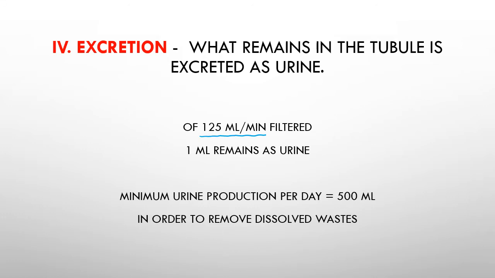But when it comes to actual urine production, of that 125 milliliters, we're only going to have about a milliliter left over. In other words, we're going to reabsorb almost all of the fluid in terms of the water that we actually pushed out in the first place. So the majority of all of that water is going to be reabsorbed, and we're going to take it back in. But in that one little milliliter, we've got all kinds of solutes. And so we've had to have a fairly large amount of dissolved substances inside there.